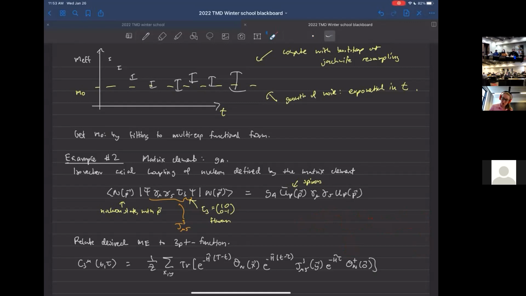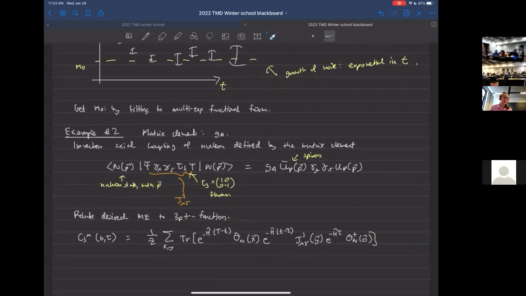Okay, so how are we going to get from here to something where we can identify this matrix element? We're going to do exactly the same trick we did before. We're going to first write this trace as a sum over all states.